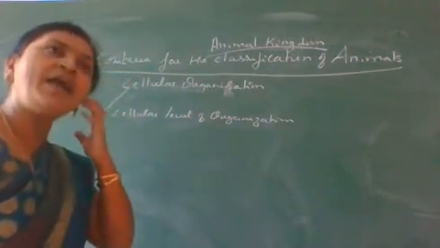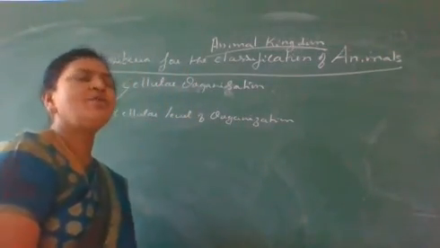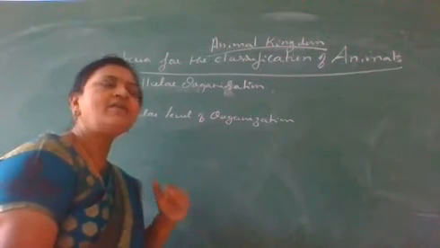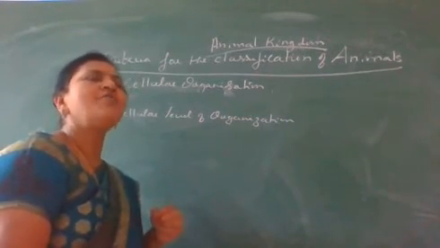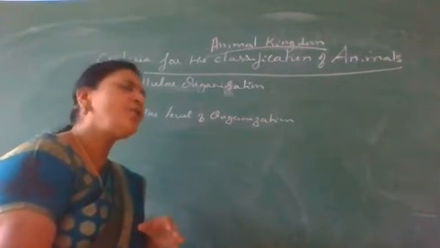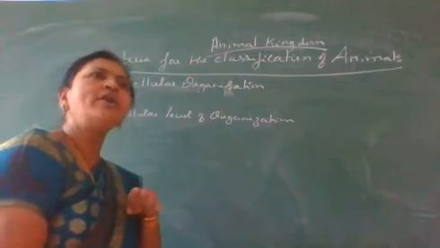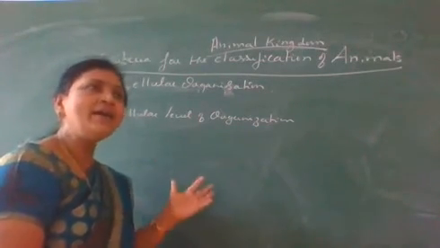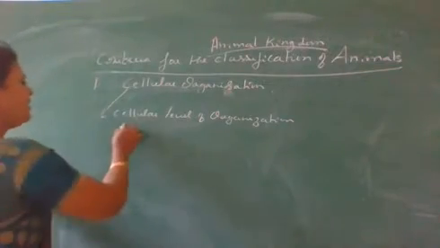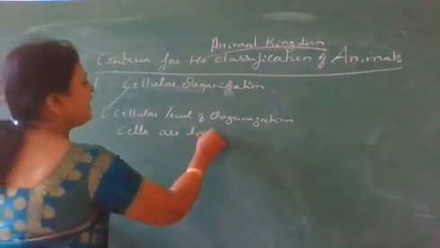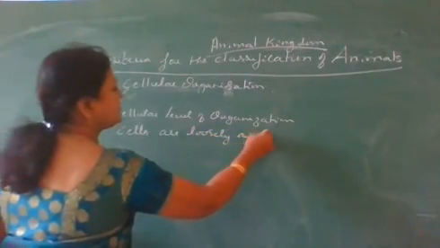The body is composed of a group of cells, but that group of cells is not organized to form tissues. Here the cells are loosely arranged.